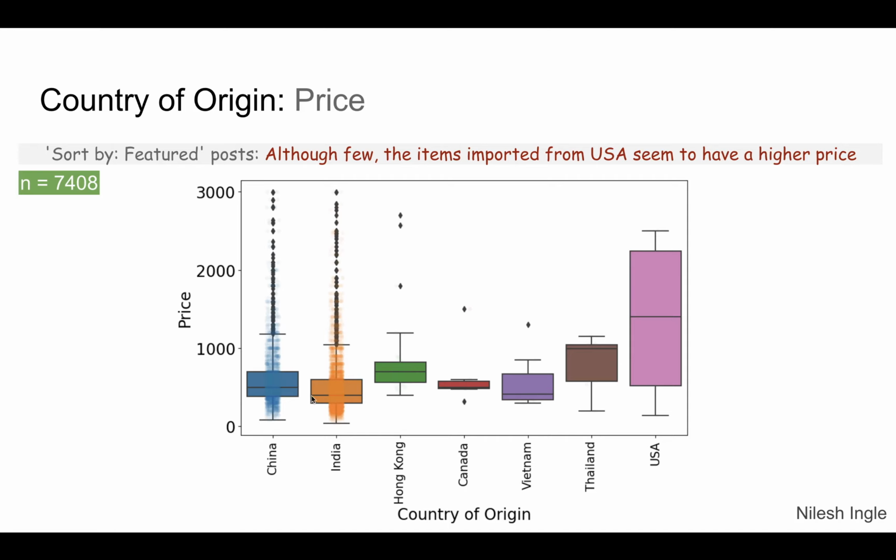And the prices are about the same. The India price seems to be lower, but not sure if that would be the case if you look at the entire data set. We are just looking at 10,000 posts here. So let's say the prices are similar.